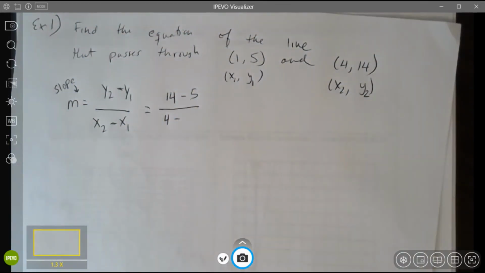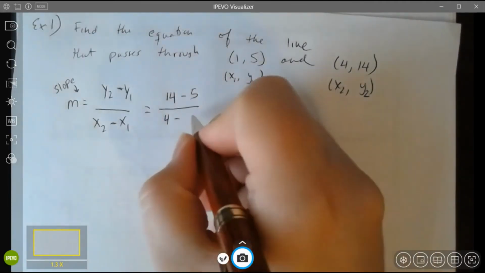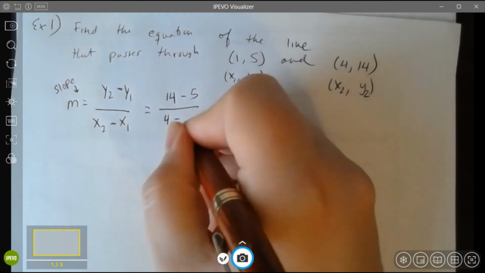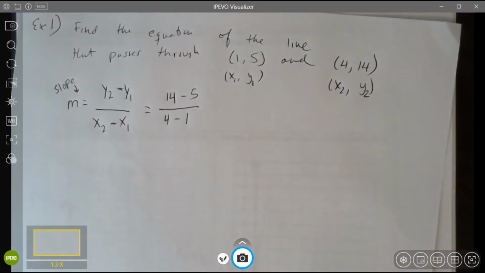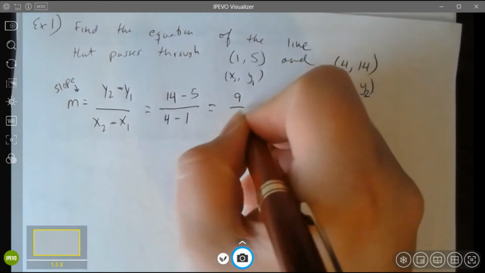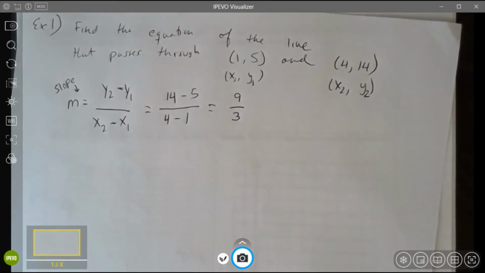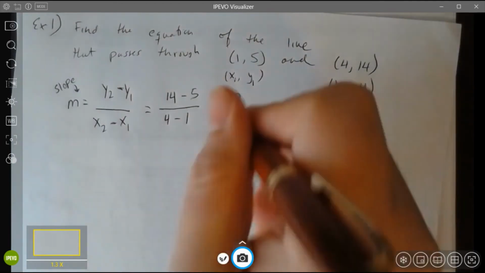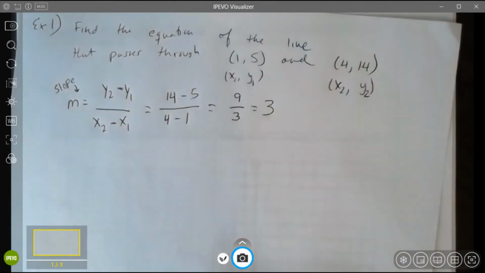And x1 is 5. No, sorry, x1 is 1. We got 14 minus 5 over 4 minus 1. So this is going to be 9 over 3, which reduces to just 3. So this is the slope.